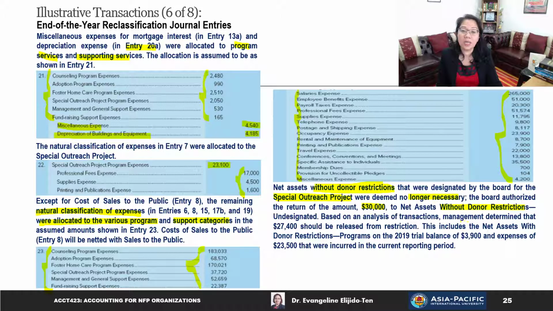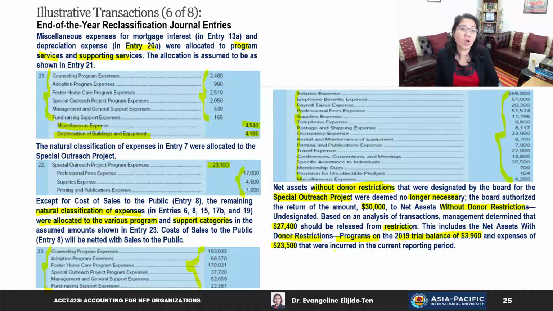Based on an analysis of transactions, management determined that $27,400 should be released from restriction as well. This includes the net assets with donor restrictions program on the 2019 trial balance of $3,900 and expenses of $23,500 that were incurred in the current reporting period.